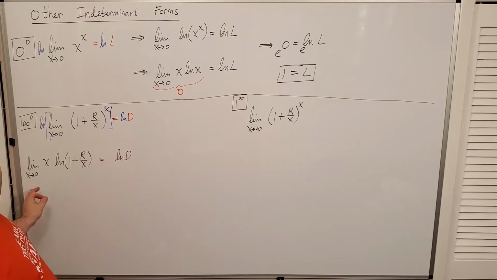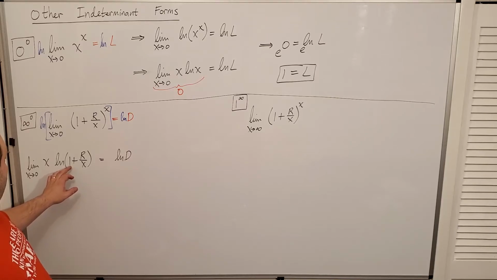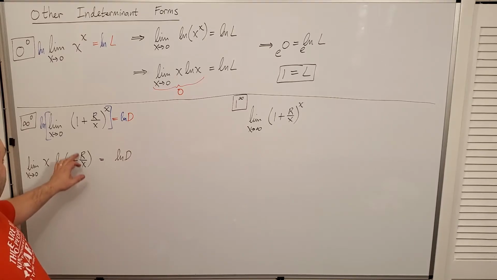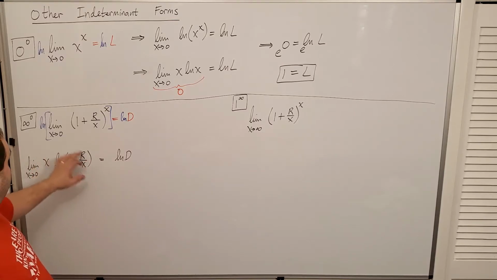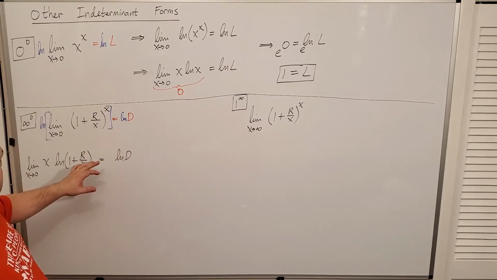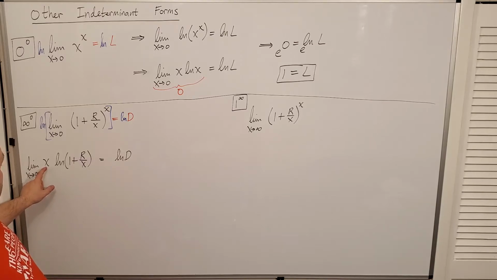So now what do I have? I have 0 for my x, and then ln of 1 plus infinity. So I have the ln of infinity is going to be infinity, and then I've got 0 times the infinity.